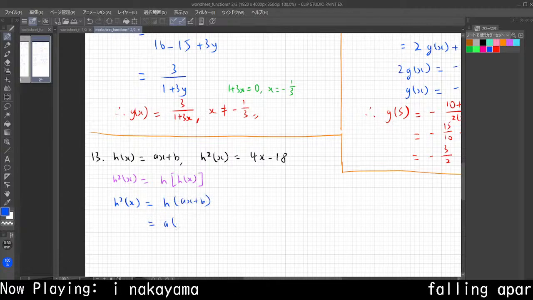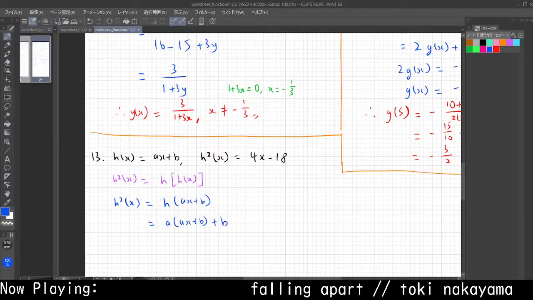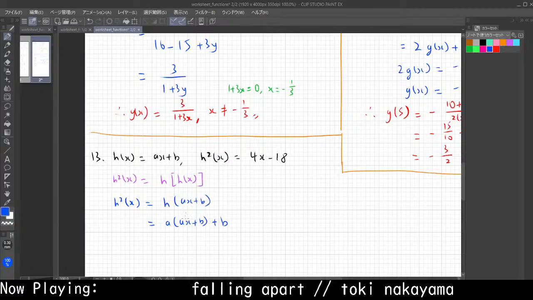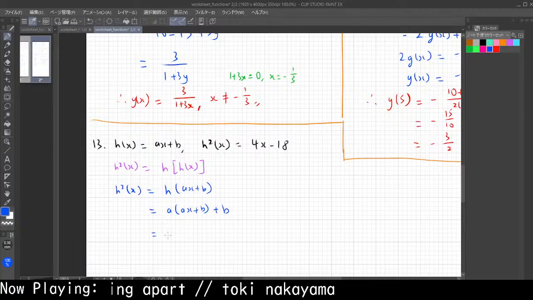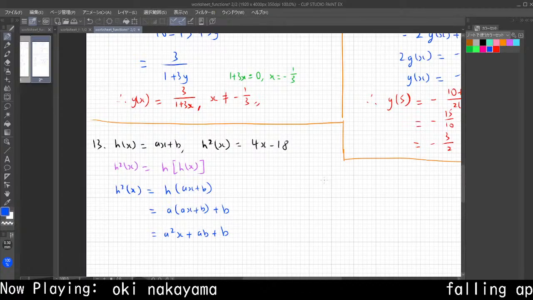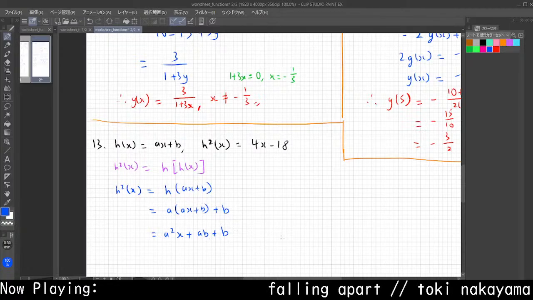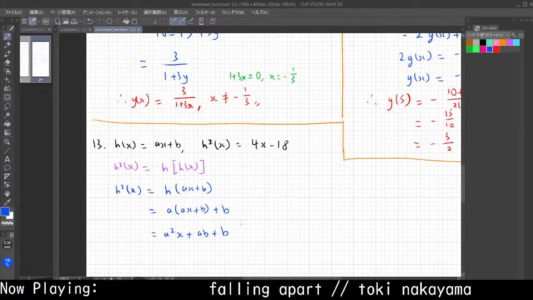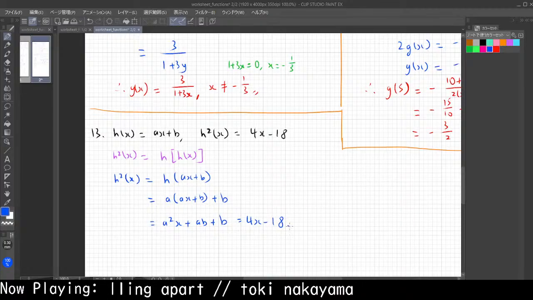So I get a(ax plus b) plus b. Then expand to get a squared x plus ab plus b. A multiplied inside: a times ax is a squared x, a times b is ab, plus b. So this is equal to 4x minus 18.